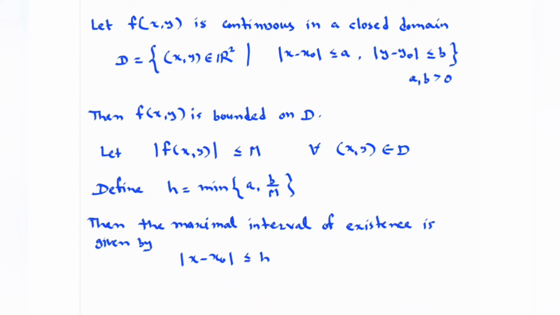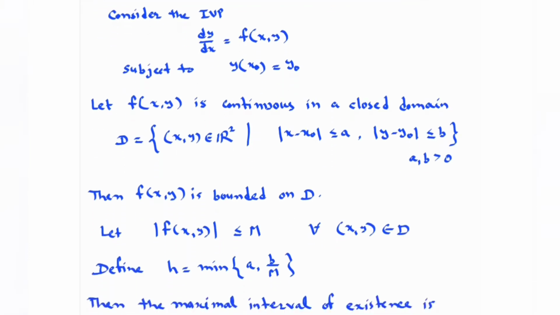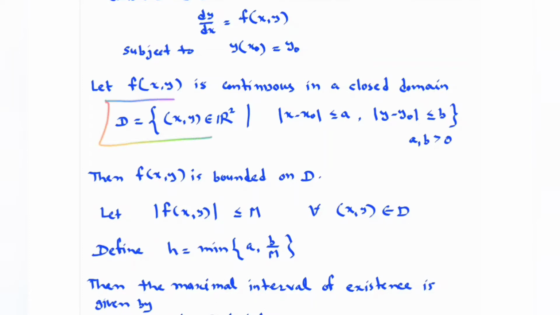So what is the information? Why do we need this information? If a differential equation is given of the type dy/dx = f(x,y) and a condition is given y(x0) = y0, then how do we find the maximal interval of existence? First we have to define the domain D. Sometimes the domain is given in the problem.